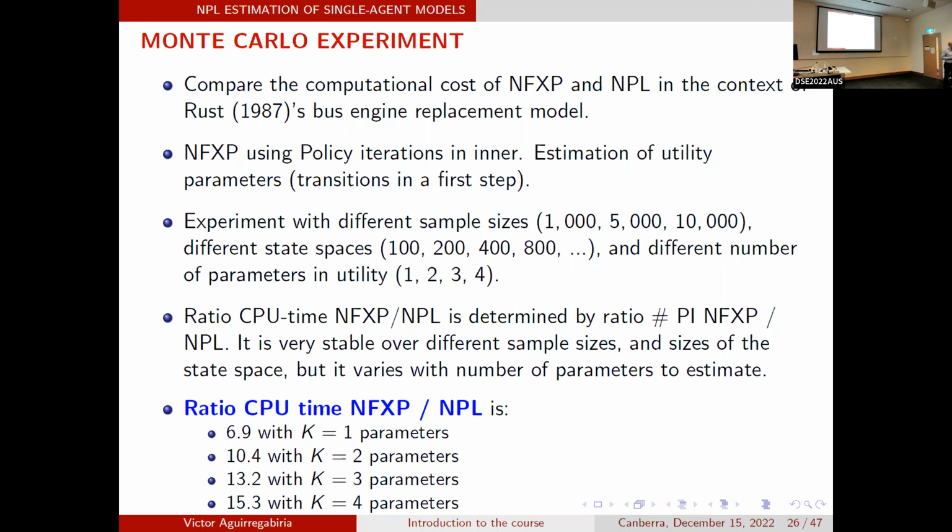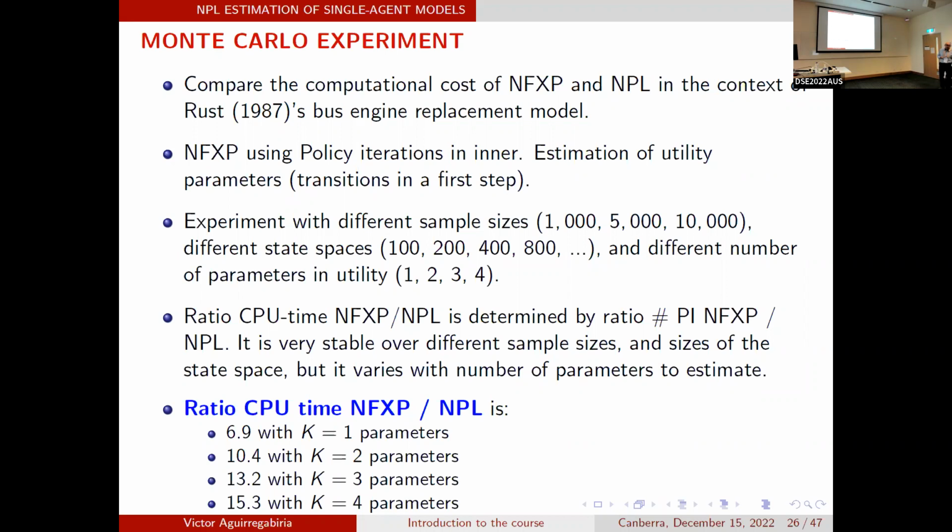We implemented this algorithm, and we saw that we got exactly the same thing, and we couldn't believe it. And then we started to investigate why we were getting exactly the same numerical result when we use this algorithm instead of the nested fixed point algorithm.